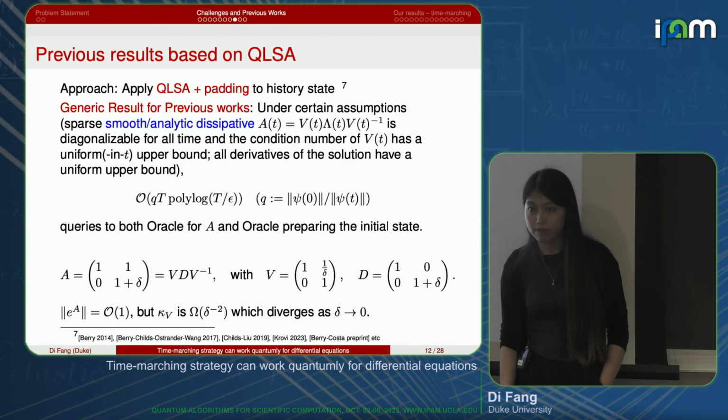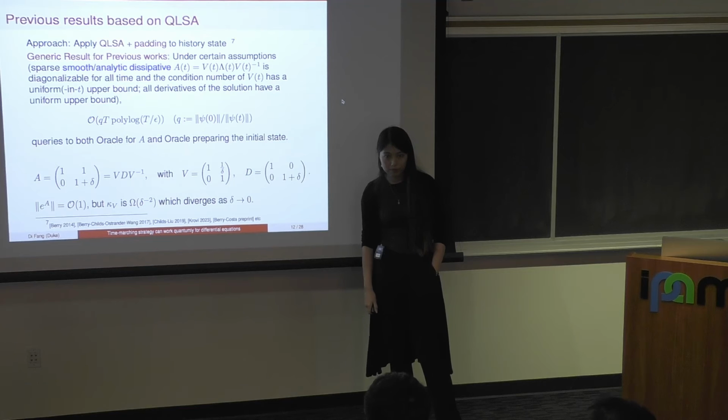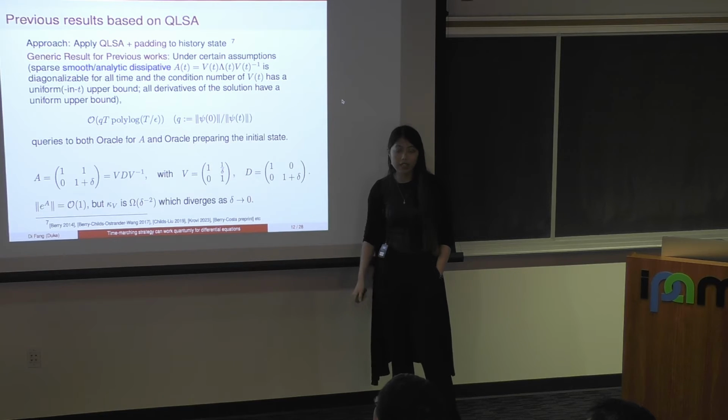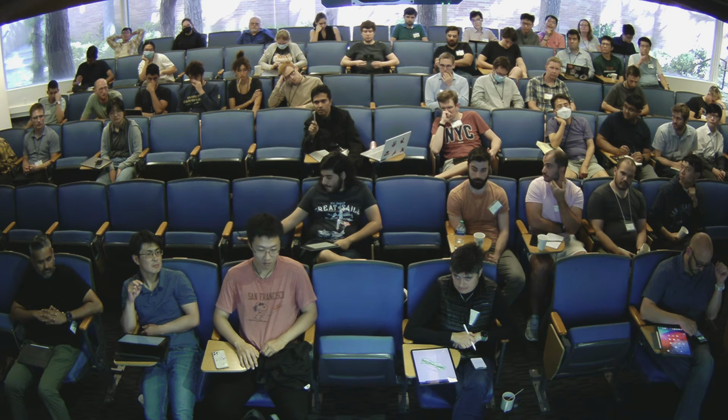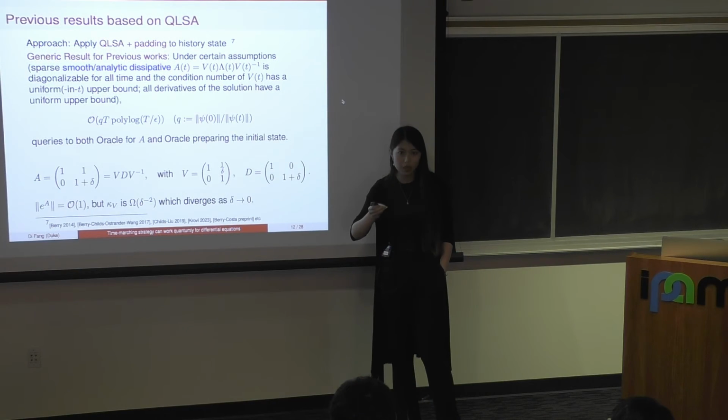Please. Can I try to understand this a bit better? So you want analyticity in all variables, or in the position, or also in T? Yeah, in T. Okay, and you say the derivatives have a uniform upper bound. Is it the spatial derivative or the time derivative? The time derivative, and the time derivative up to arbitrary order.